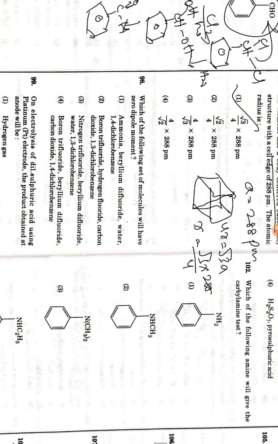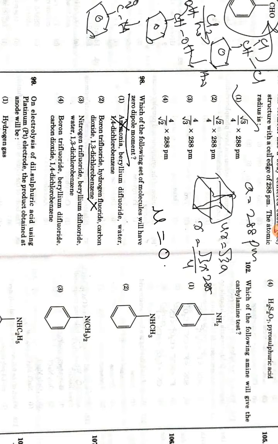Which of the following set of molecules will have zero dipole moment? So if you find any one which is having dipole moment 0, it means it should not have any lone pair of electrons. Ammonia is having a lone pair of electrons, so discard this one. And 1,3-dichlorobenzene is having some dipole moment, since it is not symmetrical, discard this one.